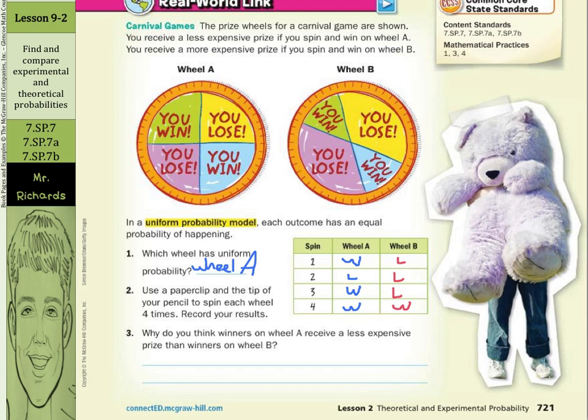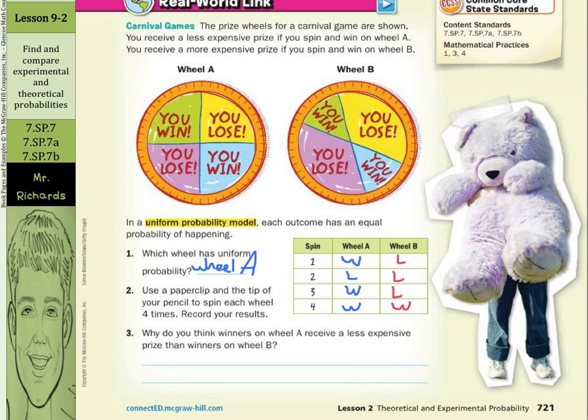Now, why do you think winners on wheel A will receive a less expensive prize than winners on wheel B? Well, you have a higher probability of winning on wheel A. It looks like a 50% chance of winning in theory on wheel A, whereas you have much less than that on wheel B. So winning would be much more difficult, so you could get a more expensive prize.